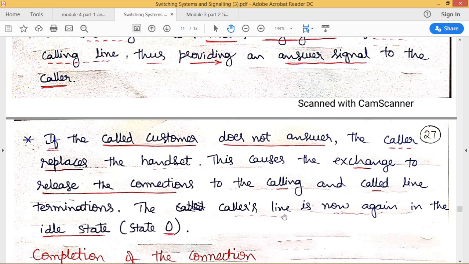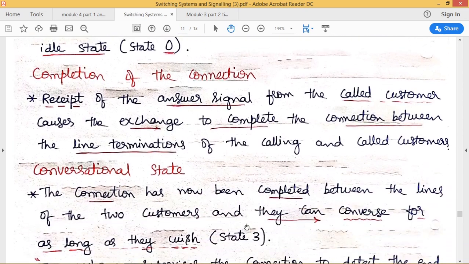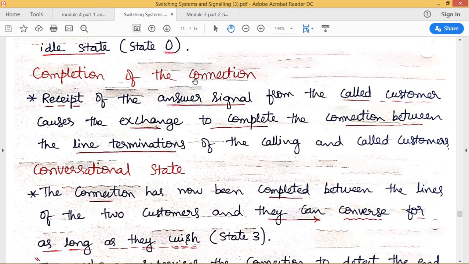So the caller's line is now again going to the idle state, that is state 0. So the next state is completion of the connection.